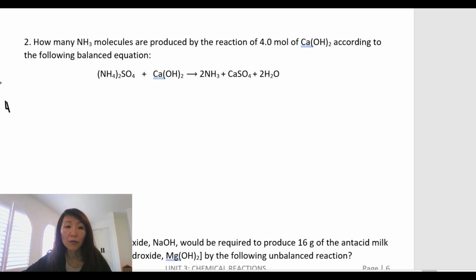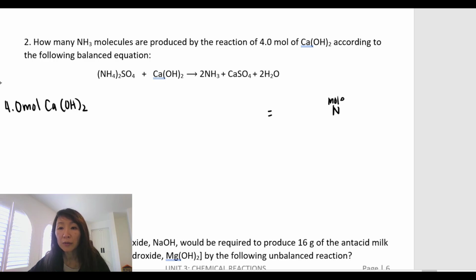So let's start by thinking about it for a moment. You start off with 4.0 moles of calcium hydroxide, and then you want to do some calculation so that you end up with molecules of NH3.